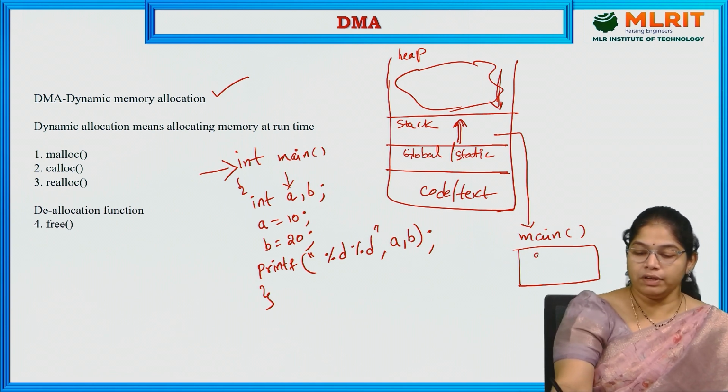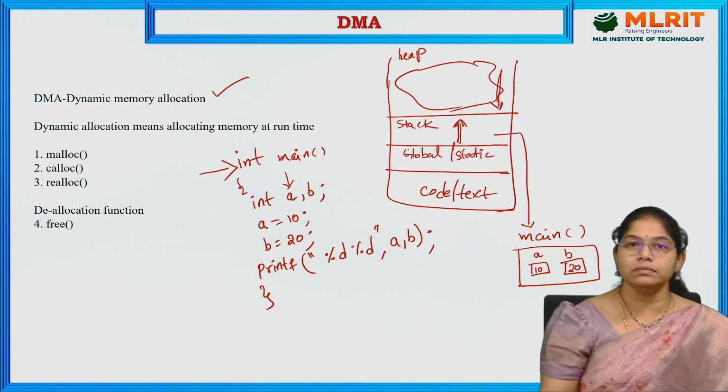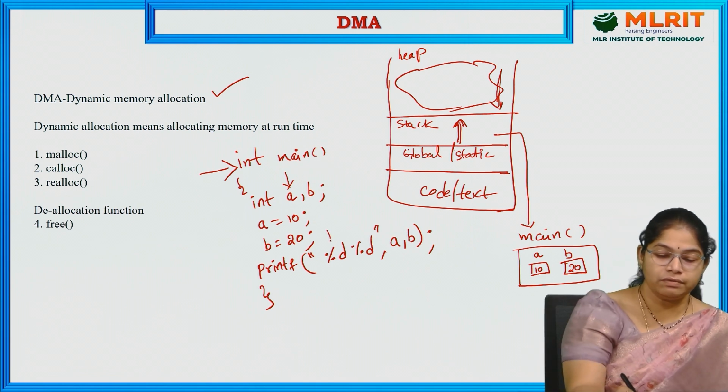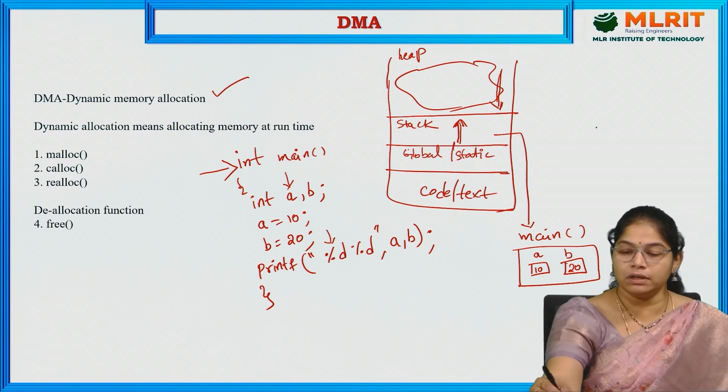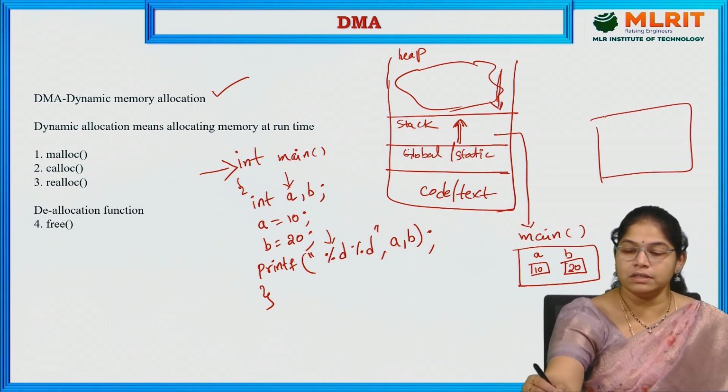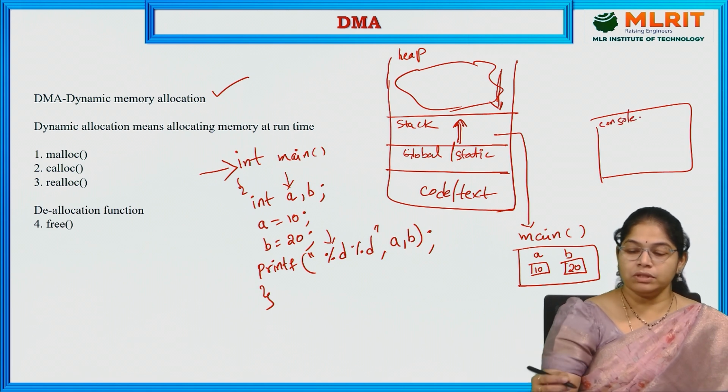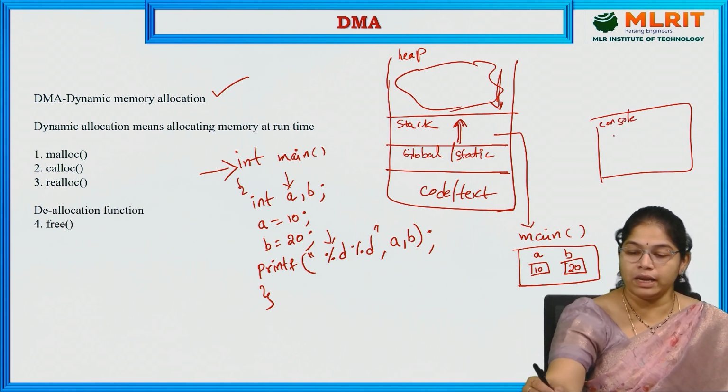In that we have a and b, where a is 10 and b is 20. After that we have a printf statement printing to the console. Let us consider this as the output console window, where I am printing these 2 values, 10 and 20.